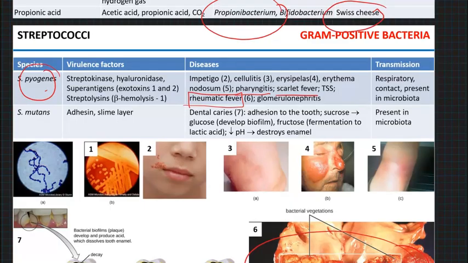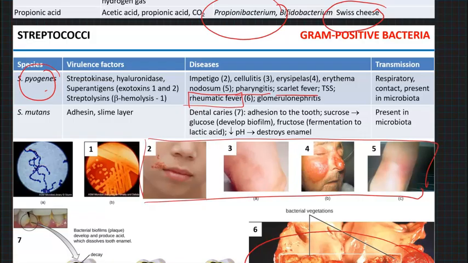But that is not the only thing that it can cause. Because just like Staphylococcus, it can cause a variety of skin infections. So impetigo, erysipelas, cellulitis, erythema, all of this can be caused by streptococcal infection in the skin or subcutaneous tissue.